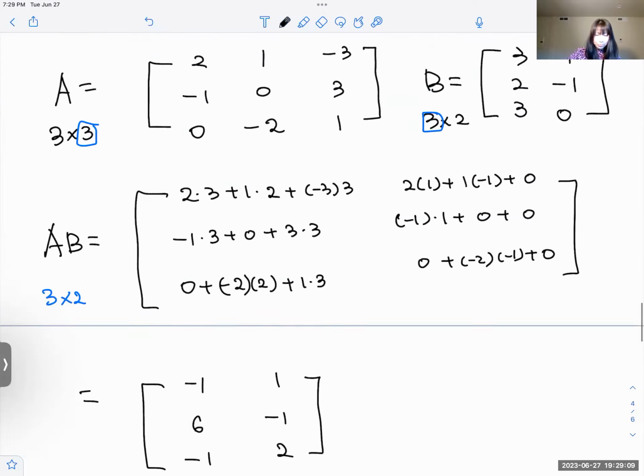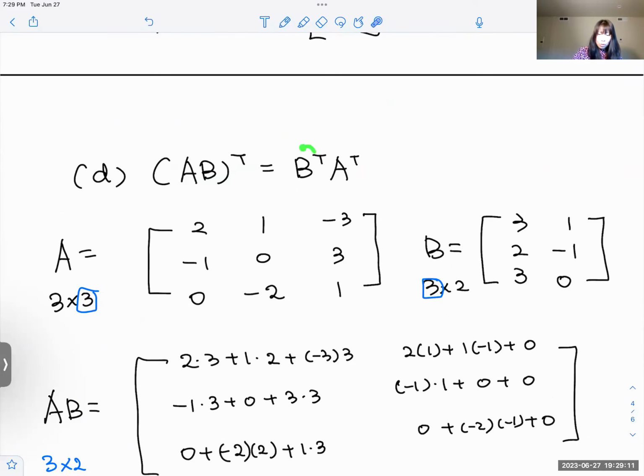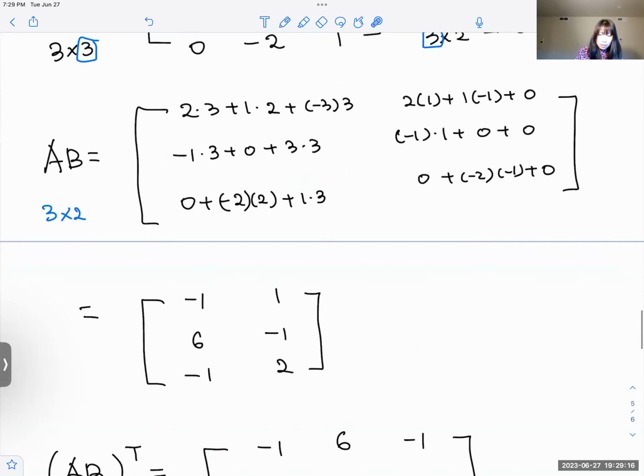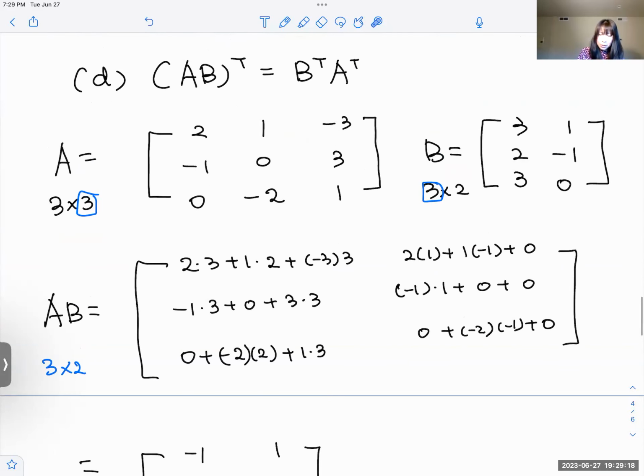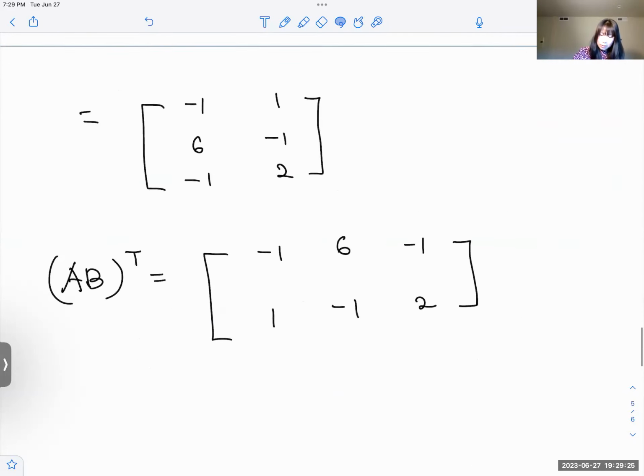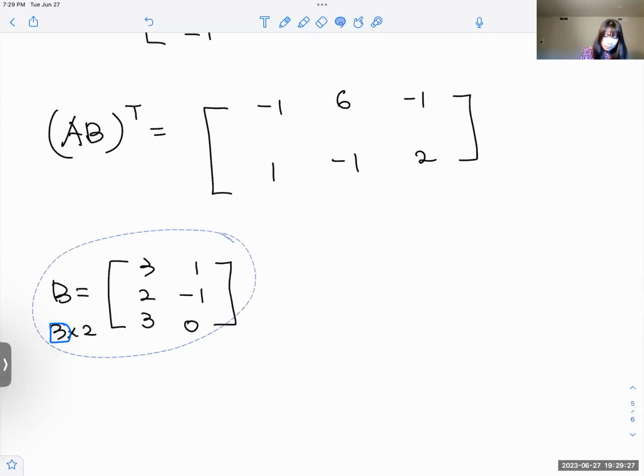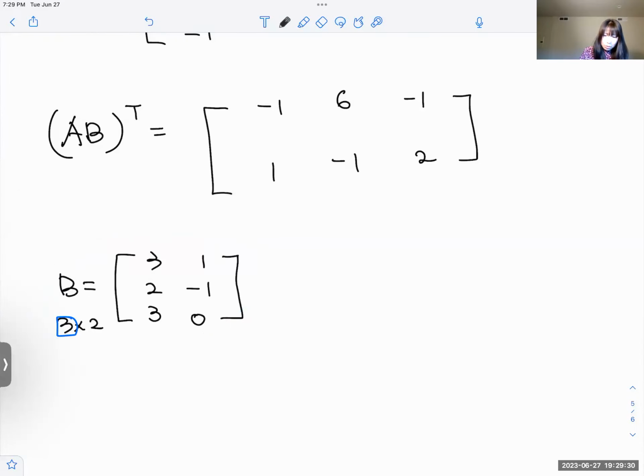Now we want to know about the transpose of B. B is here. So the transpose of B is 3, 1, 2, negative 1, 3, 0.